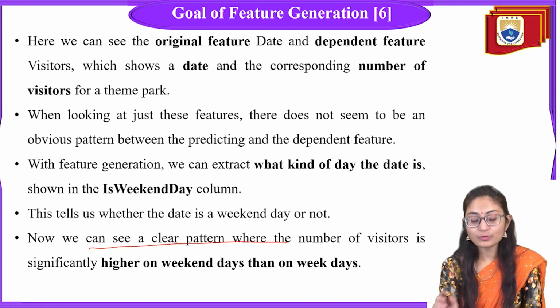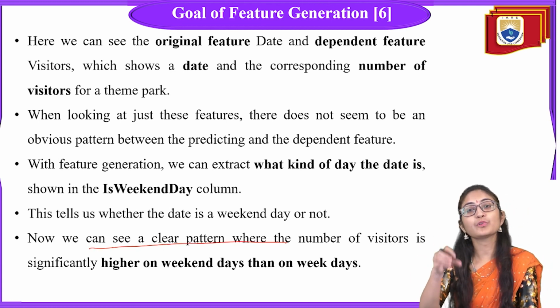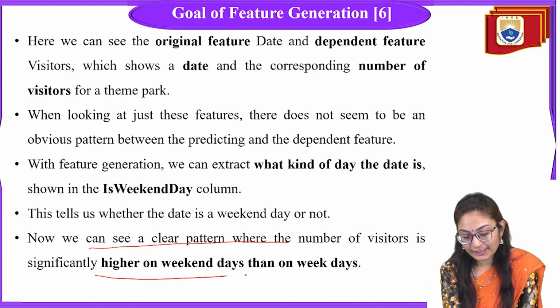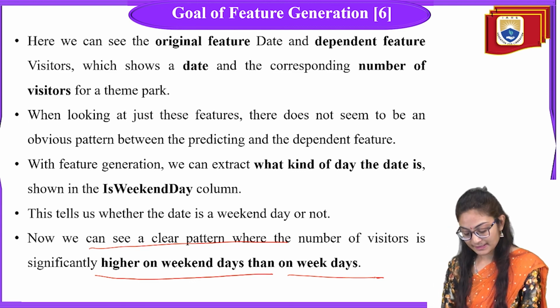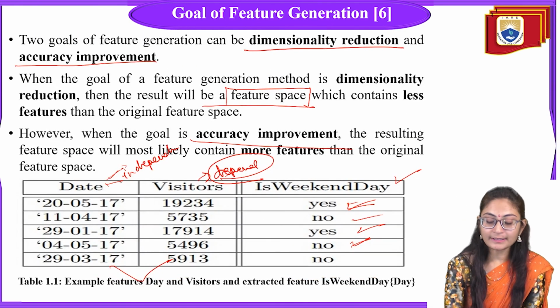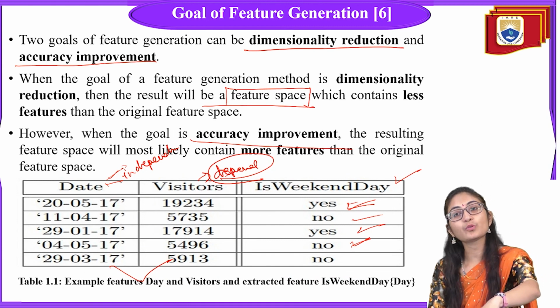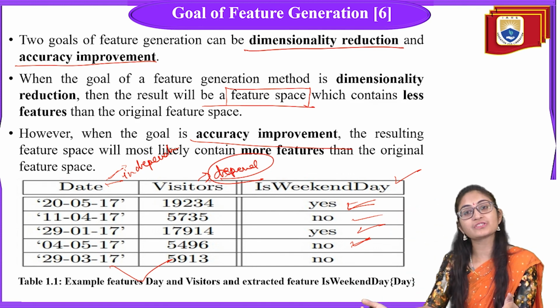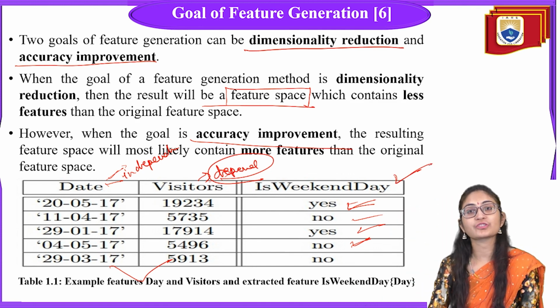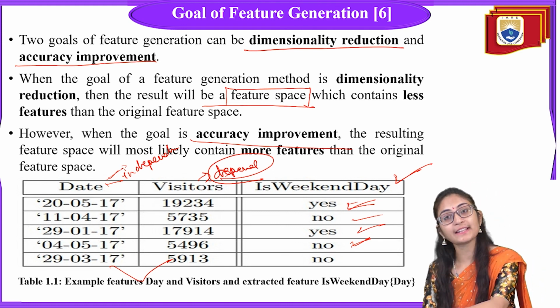And we can find a pattern where the number of visitors is significantly higher on weekend days than on weekdays. Here date and visitors both depend on each other, and we have created a new feature. We generate the new feature, which is weekend day.